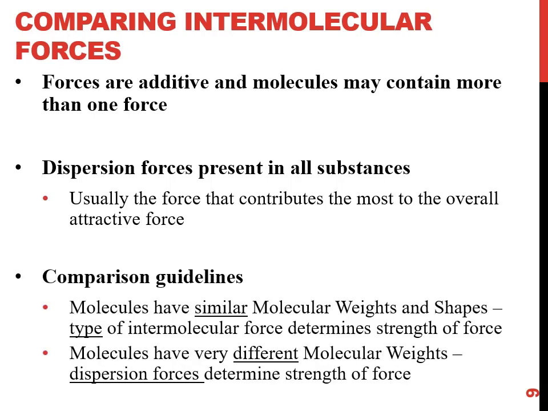So for comparison guidelines, for molecules that have similar molecular weights and shapes, the type of intermolecular force is going to determine the strength. So dispersion forces are the weakest of all of our forces because they're only due to that momentary dipole, while hydrogen bonding is the strongest force because of how polar the hydrogen is and its attractive nature to the lone pair of electrons.